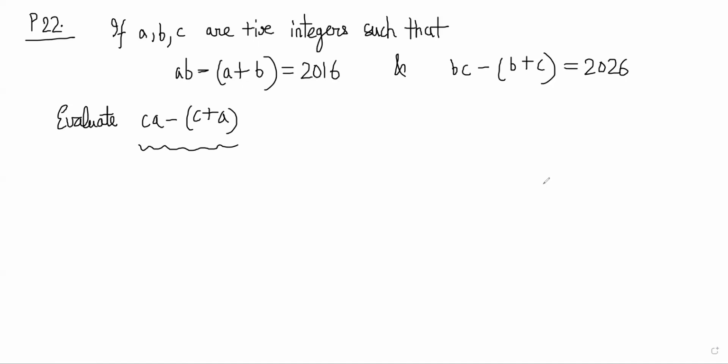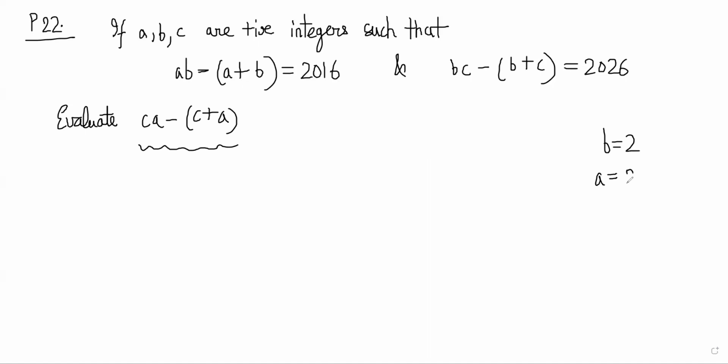So 2017 into 2028 minus 1. What is A, B, C? So B is equal to 2, A is equal to 2018, and C is equal to 2028.